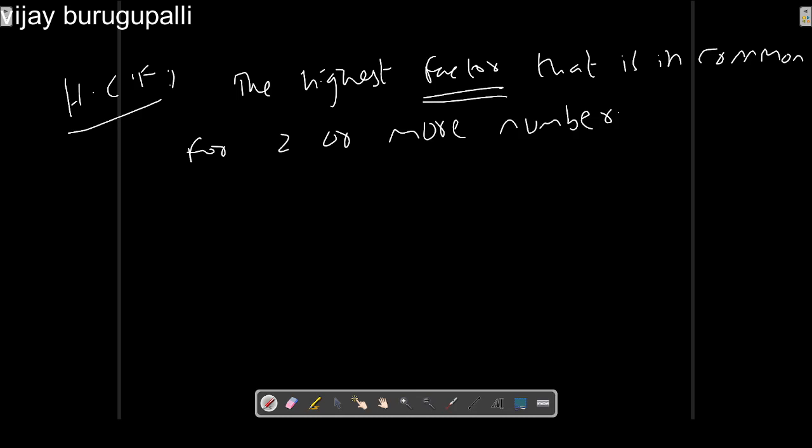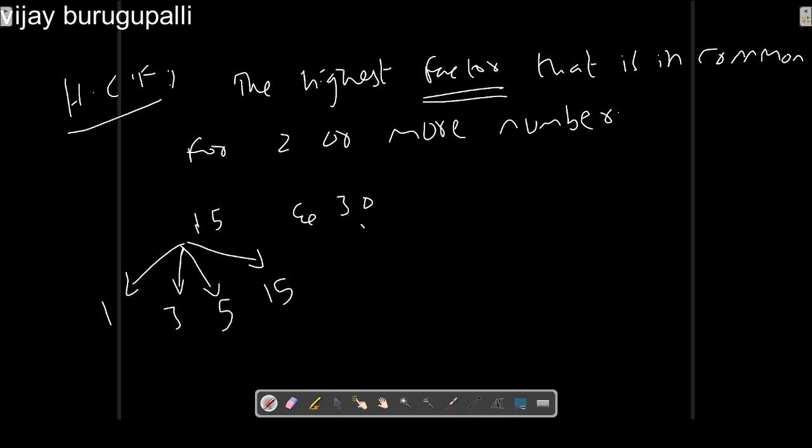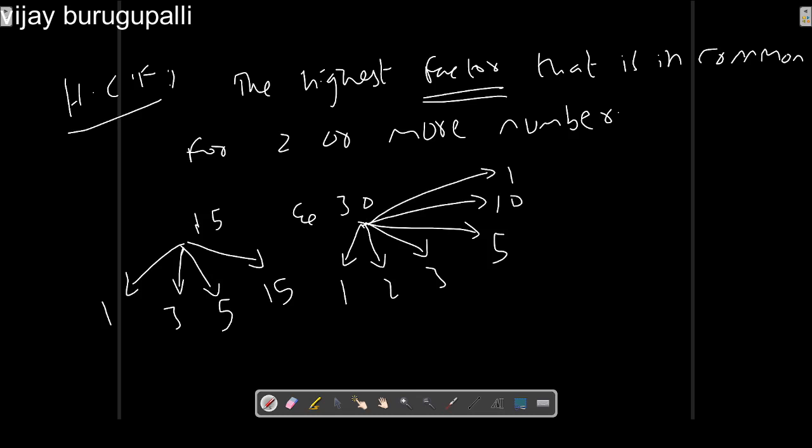For example, let's take two numbers 15 and 30. The factors of 15 are 1, 3, 5, and 15. Similarly, the factors of 30 are 1, 2, 3, 5, 10, 15, and 30.